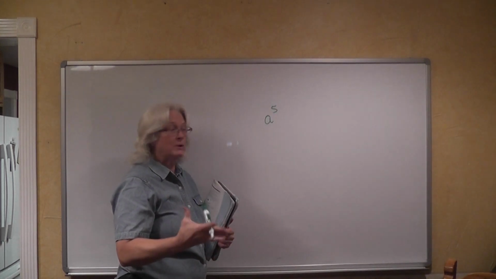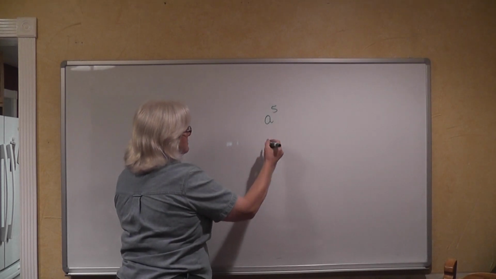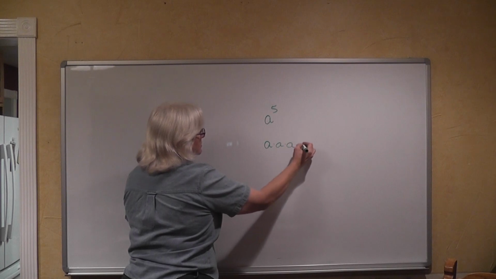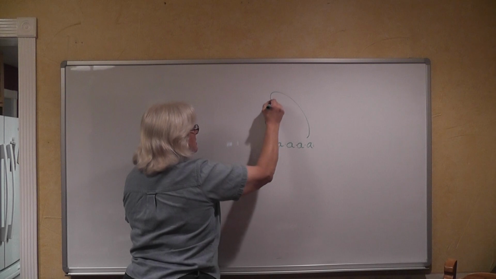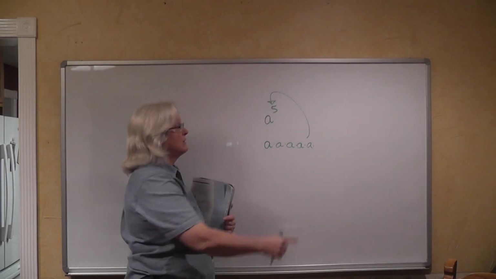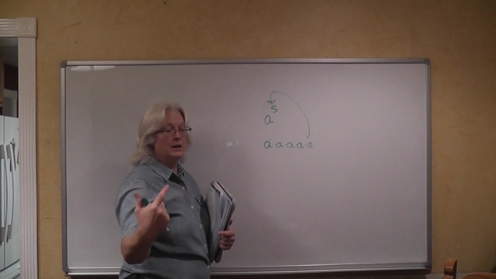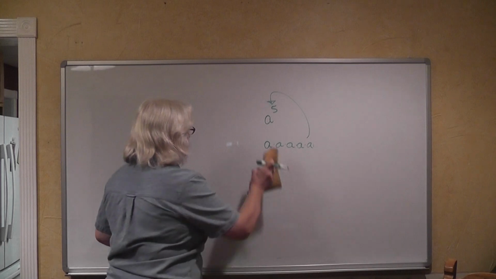You say, oh, but it's not a number. Doesn't matter. Exponential notation means use the base as a factor that many times. A is the base, 5 is the exponent. That means that a is used as a factor 5 times.